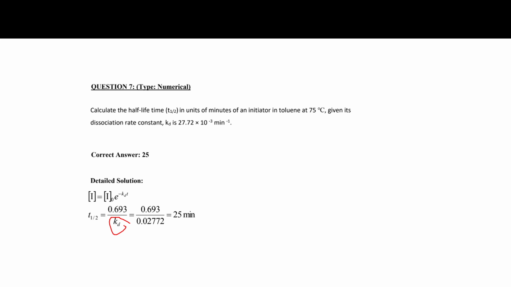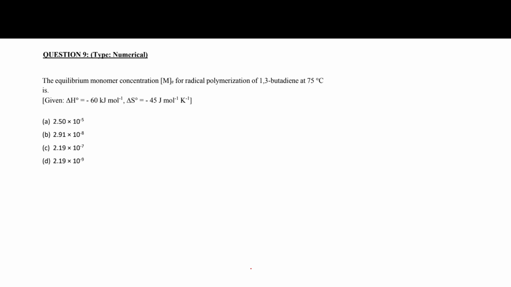If the T half is given, you can calculate the dissociation constant by this equation, T half equals 0.693 divided by K. Radioactivity also follows this first order equation, right? Similar types you can solve easily.